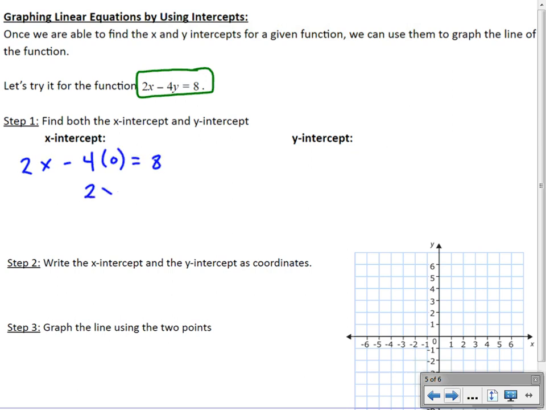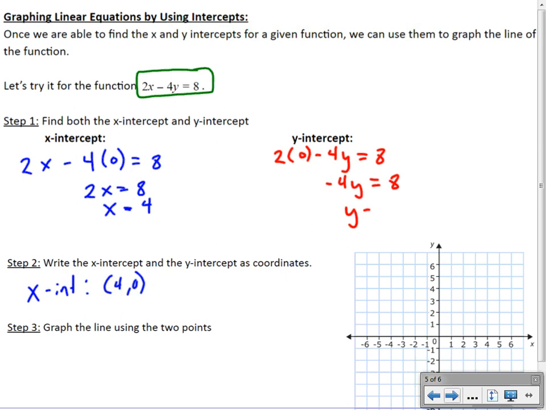That would turn into 2x equals 8, which gives us x equals 4. So let's write our x-intercept down here. And then let's find our y-intercept. This time we're going to plug in 0 for x and solve for y. And we find that y is equal to -2. So our y-intercept would be 0, -2.